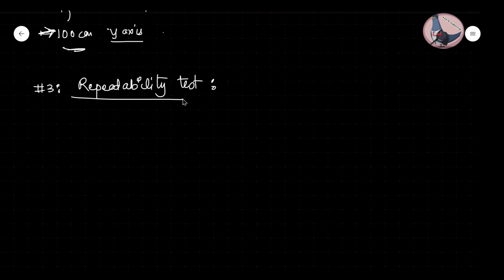Repeatability test. In this, it is done by taking multiple readings of the same thing and then checking whether the readings are coming the same or not. Means repeated measurements are taken and compared.